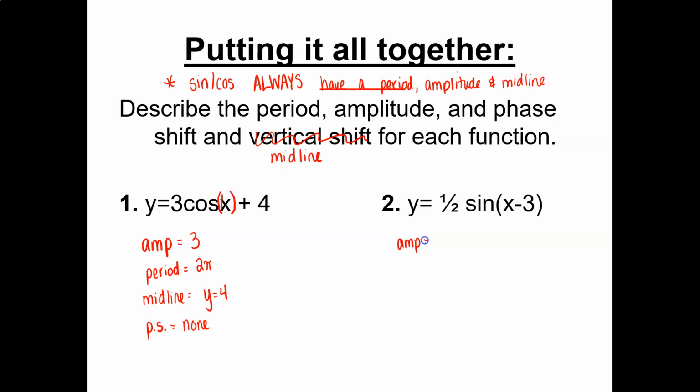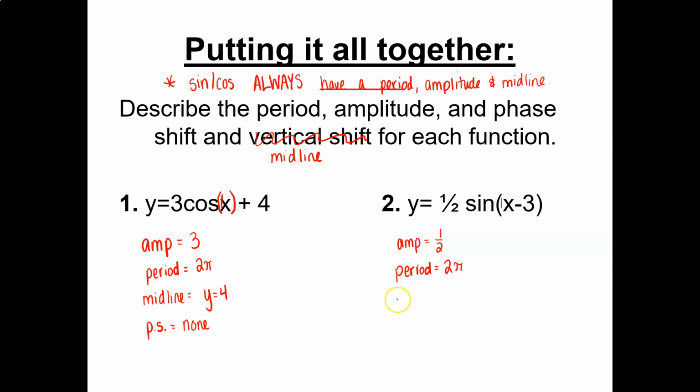All right, Bo, what's my amplitude for number 2? Good. Lauren, what's my period for the second question? It is 2 pi. Because there is no number in front of that x, which means it's like there's a 1 there. Good.